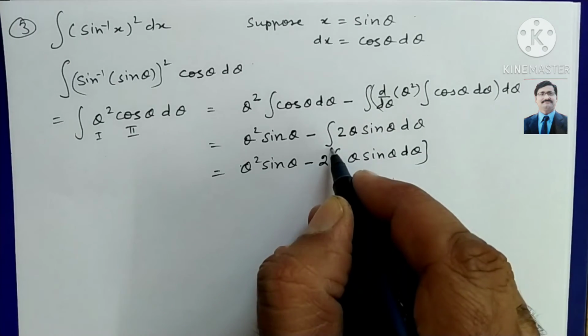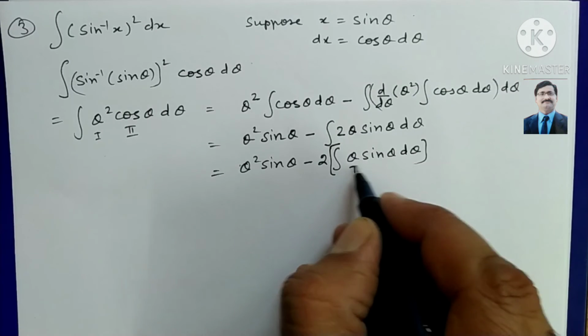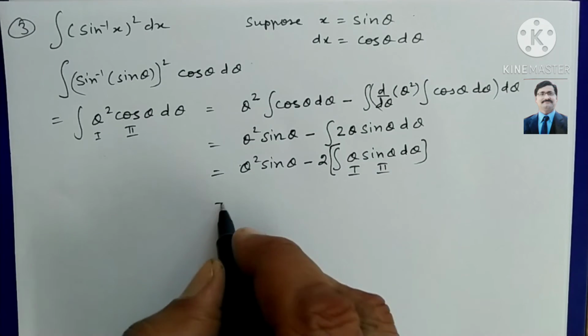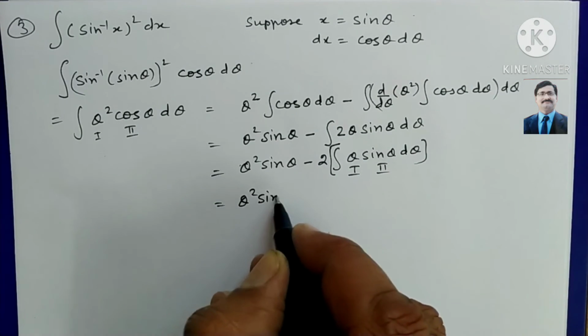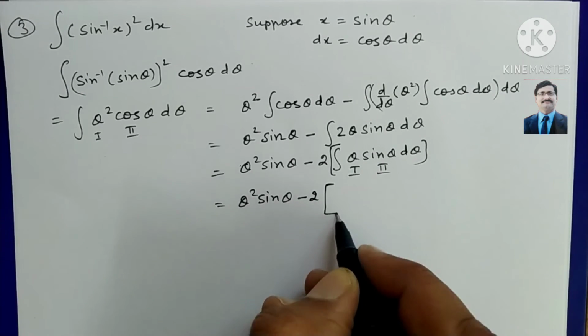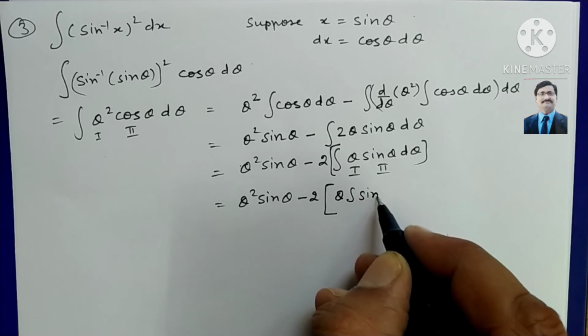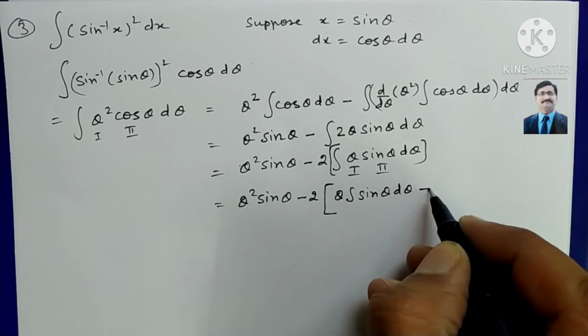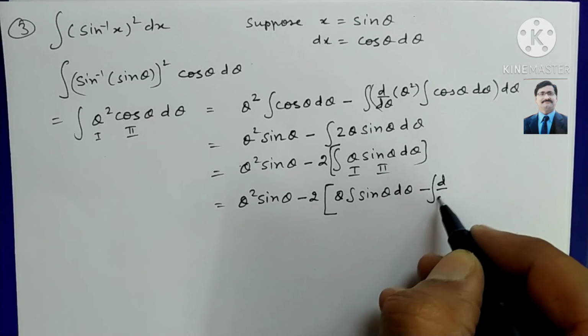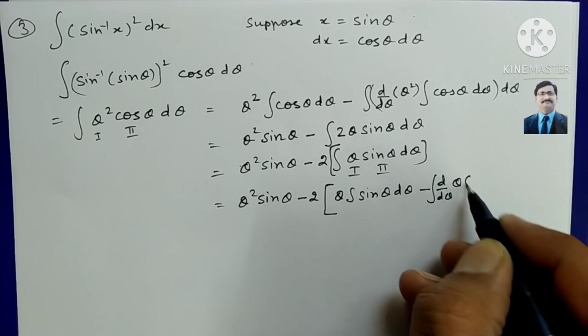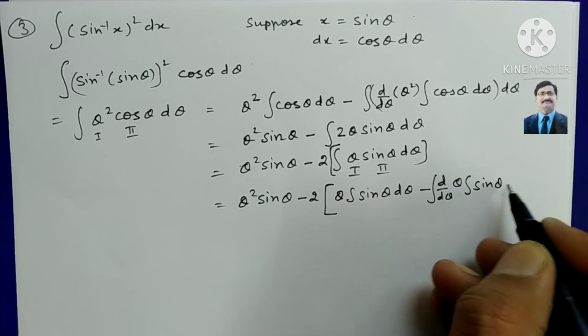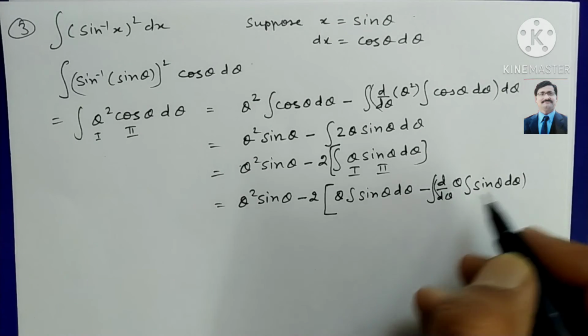Okay, now again this is first and this is second, so we will get theta square sine theta minus 2, bracket, theta is your first, integral of sine theta d theta, minus integral of differential of theta, integral sine theta d theta, and whole d theta.